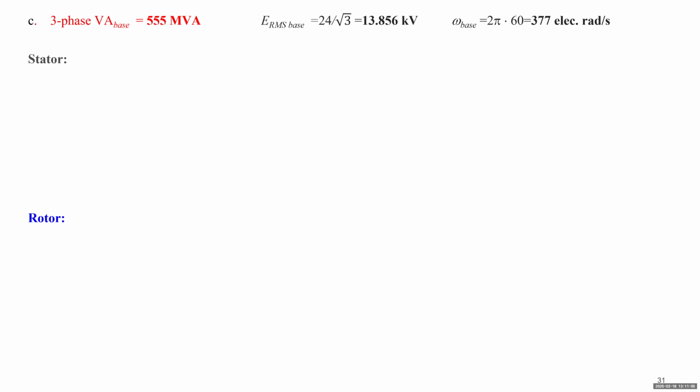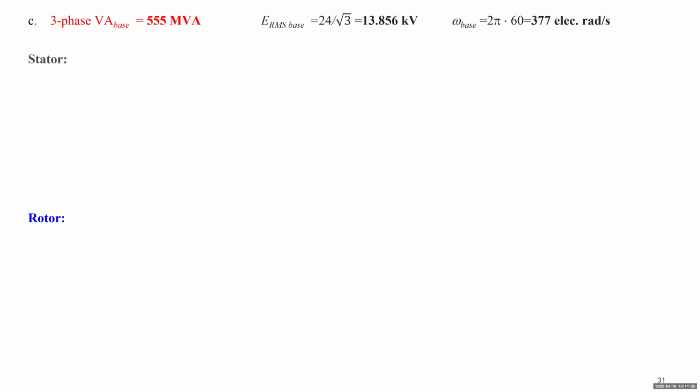Okay, next we want to calculate other parameters. Then we calculate the per unit value. So we need 3 bases. For the stator winding, we need a three-phase power base, a voltage base, peak instantaneous voltage base, and the current base.